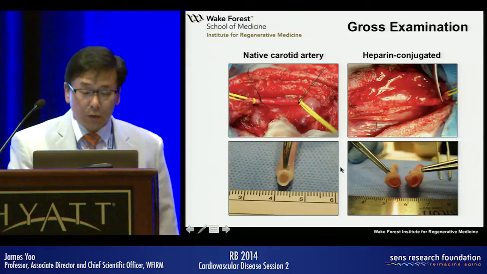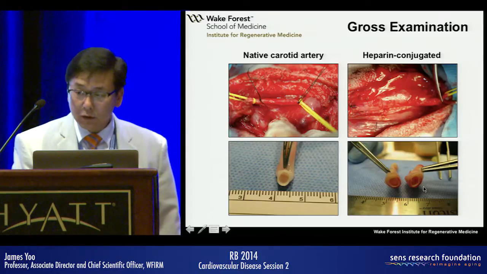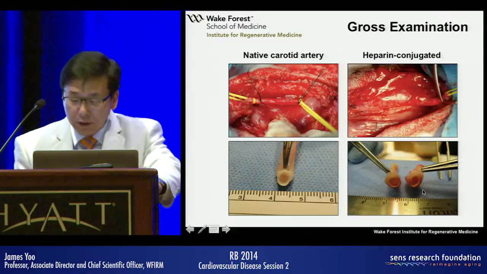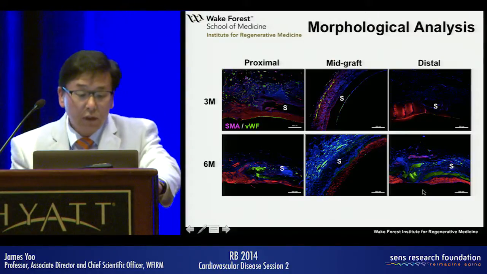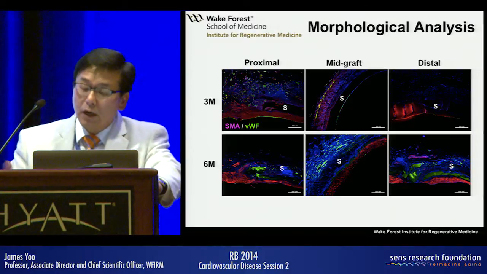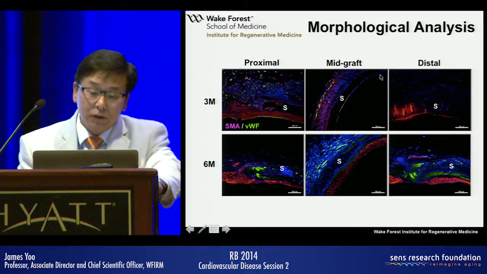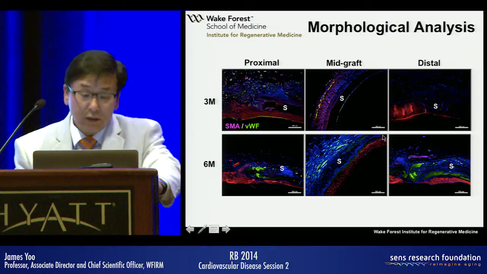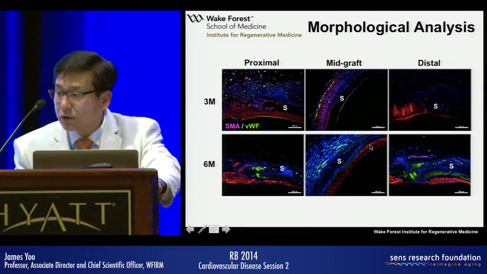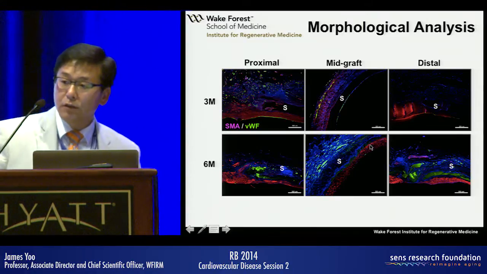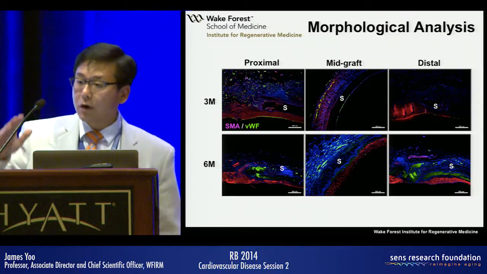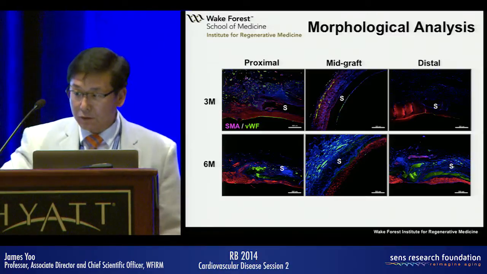After retrieval, we were able to see similar appearance grossly, but more importantly, we were able to see the nice coverage of the lumen with endothelial cells, and over time, at 6 months, we were also able to see migration or presence of the smooth muscle layers surrounding the endothelial monolayer.